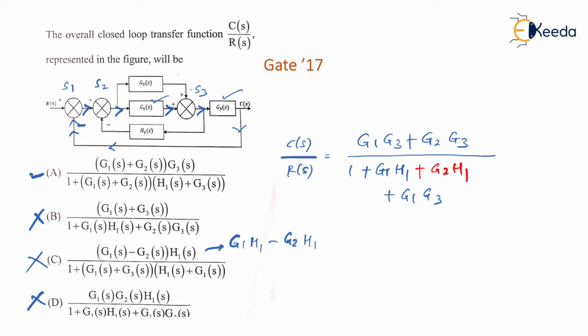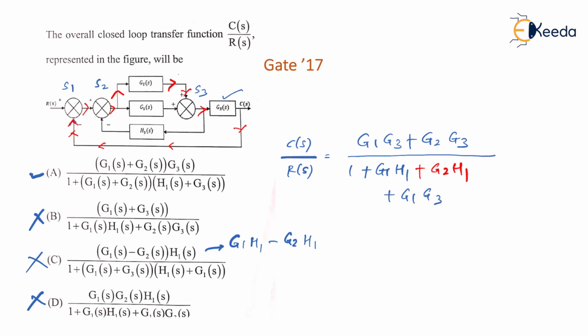There is one more path possible. I'm sure you must have figured it out. Observe carefully. So I'll again start for this feedback. So I'll start from S1. Then instead of going toward G1, I'll go to G2. I'll come down. Then I'll get forwarded to G3. And then coming back via unity feedback to S1 again.